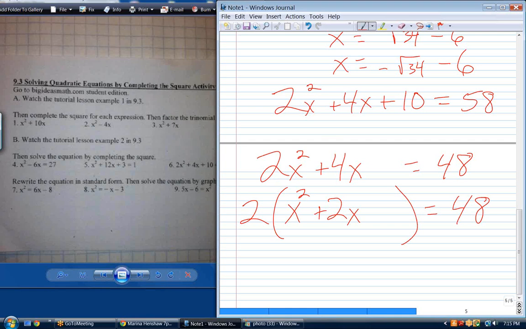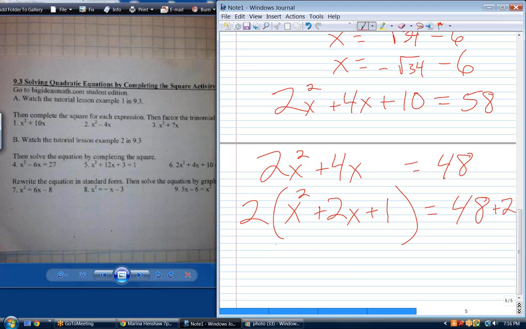Now what? Add 1 to the left side and add 2 to the right. Very good. In other words, when I write the 1 in there to complete the square, I'm really adding 2 to the left. I'm not adding 1, I'm adding 2 because everything in the parentheses is being multiplied by 2. So now I have to add 2 to the right.